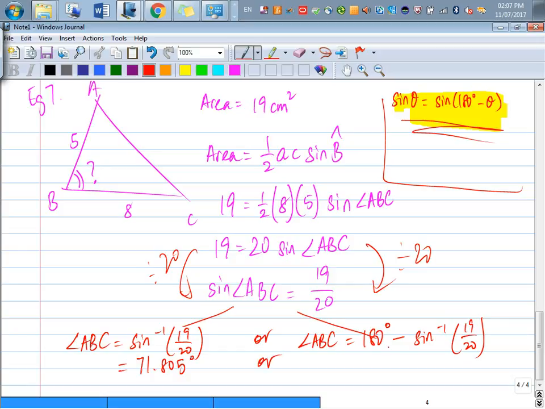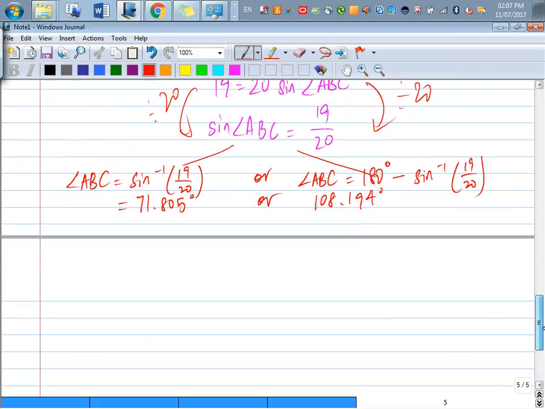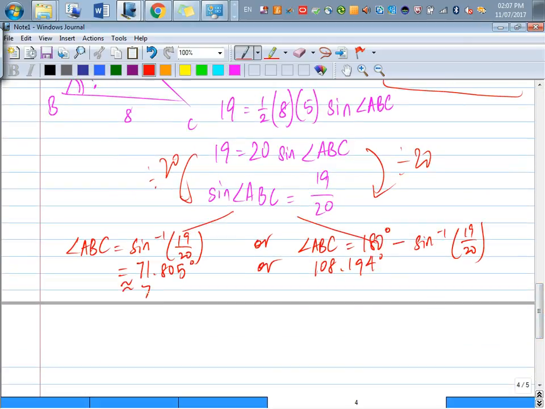Or 180 degrees minus 71.805, you get 108.194 degrees. Then we round this off to 71.8 degrees or 108.2 degrees. Okay? These are the two possible answers.